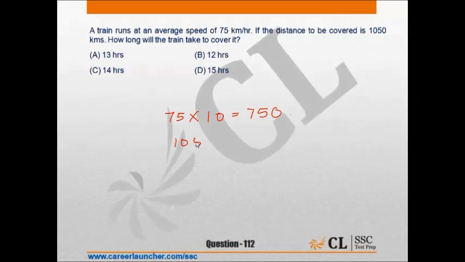So, the remaining distance is 1050 minus 750, that is equals to 300 kilometers, which is to be covered with the speed of 75 km per hour. This comes out as 4 hours. So the total distance is covered in 14 hours. So our correct option is option C.